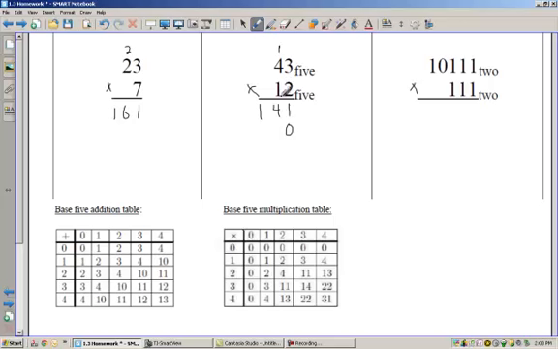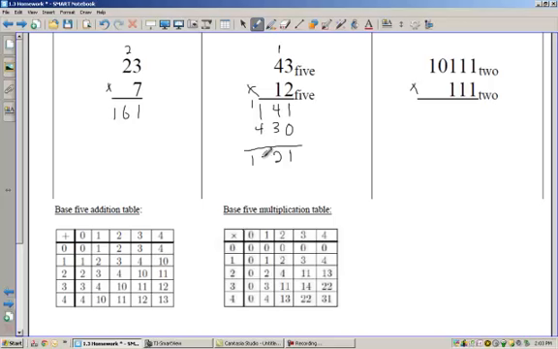And then 1 times 3 is just going to be a 3. You can consult the table down here. And then 1 times a 4 is a 4. And I add the columns, so I get a 1. 4 plus 3, well, 4 plus 3 is 12. So I get a 2. And I carry the 1. 1 plus 1 is 2. And then 2 plus a 4 is 11.